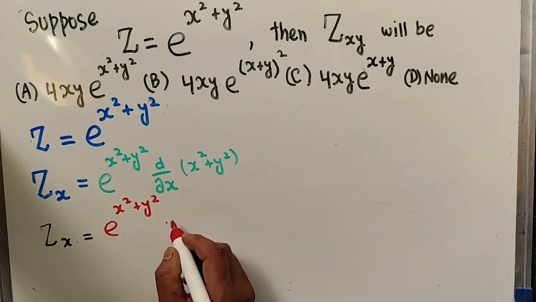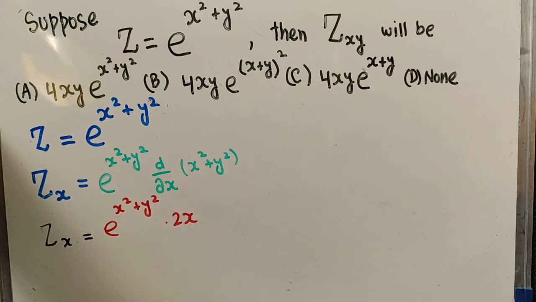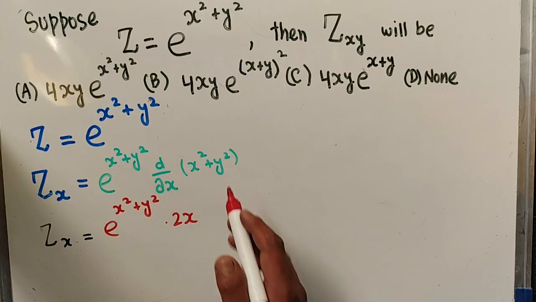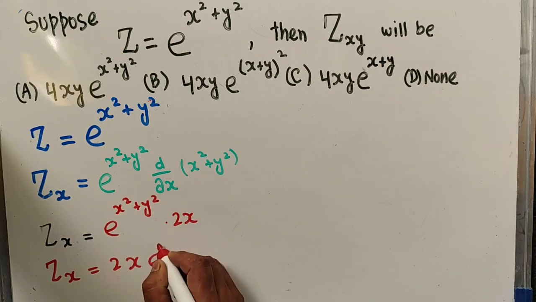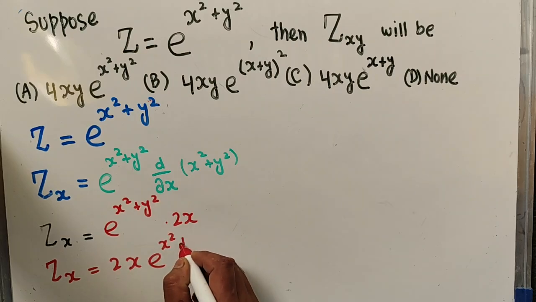The derivative of x square is 2x and the derivative of y square will be 0 because we are taking the derivatives with respect to x. So z x comes out to be 2x e raised to the power x square plus y square.